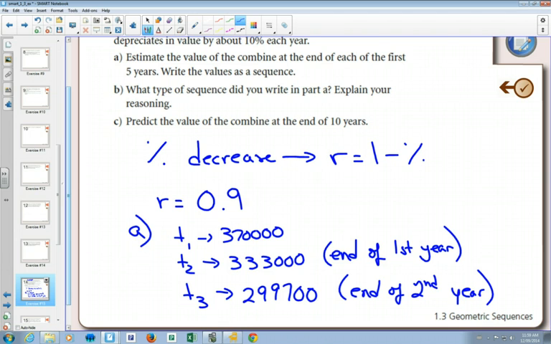I'm sure you could keep going times 0.9, times 0.9, times 0.9, and find those other ones. As a sequence, this makes a geometric sequence because we have a common ratio of 0.9.